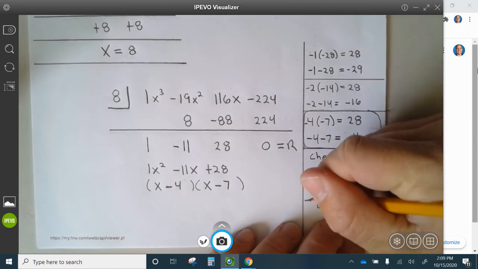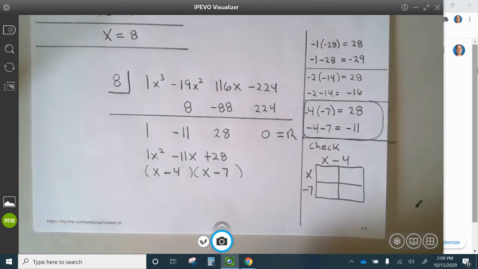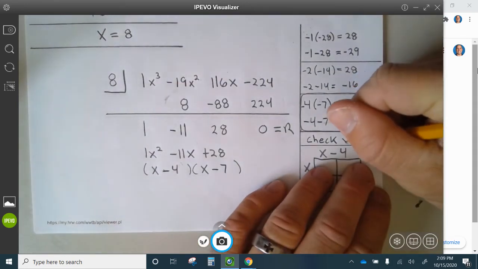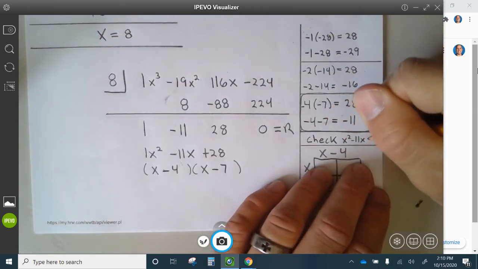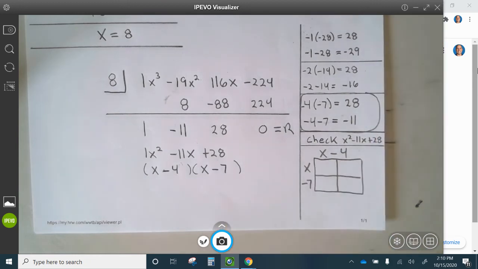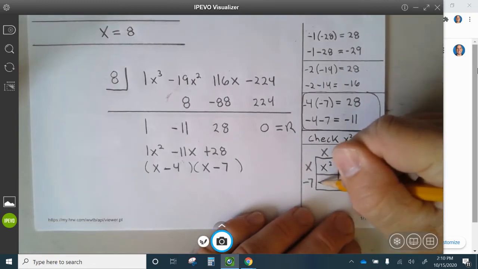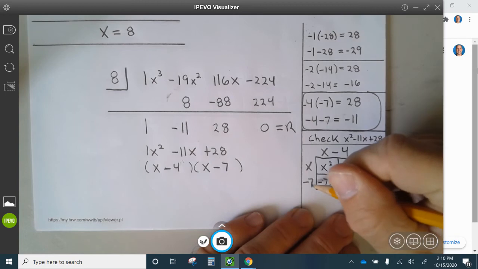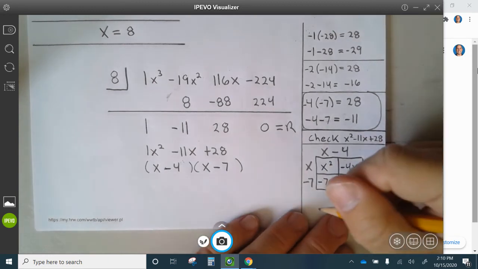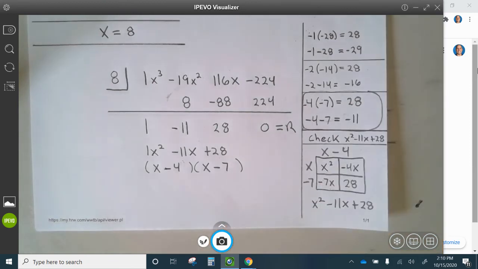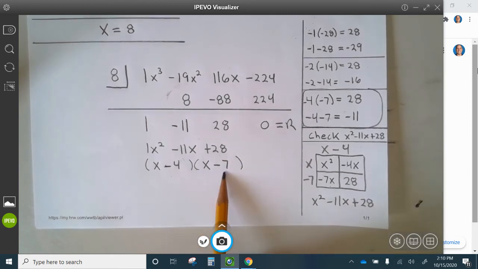If they are factors, when we multiply, we will get x squared minus 11x plus 28. So x times x is x squared. x times -4 is -4x. -7 times x is -7x. And then -7 times -4 is a positive 28. You get x squared, that combines to be -11x plus 28. So our factors are x minus 4, x minus 7.